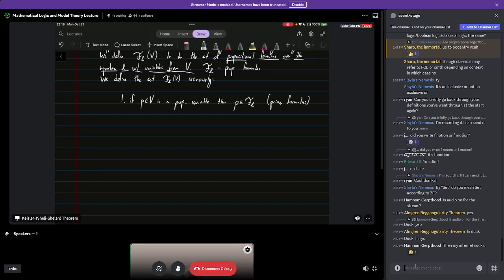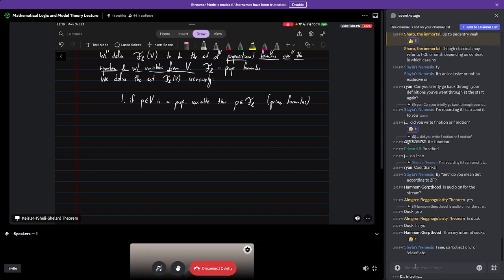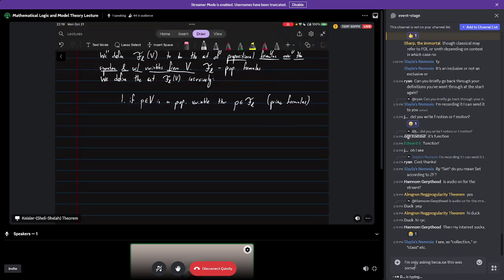It's a collection of things. Here, yes, in a model of ZF, this does define a set. But don't be concerned about the formalization of everything. That's just not the purpose.